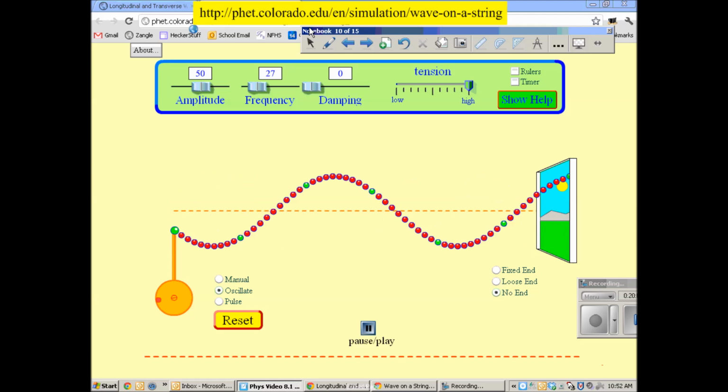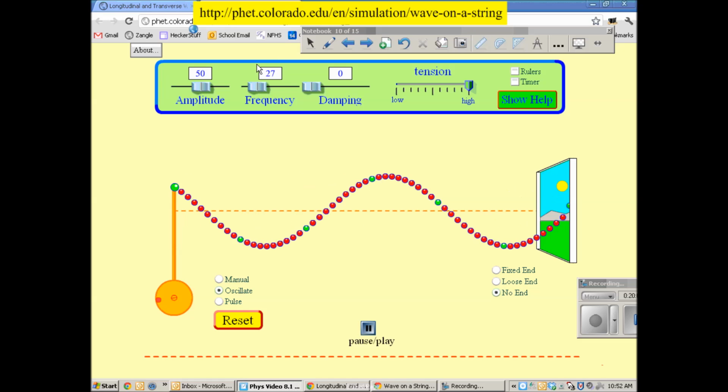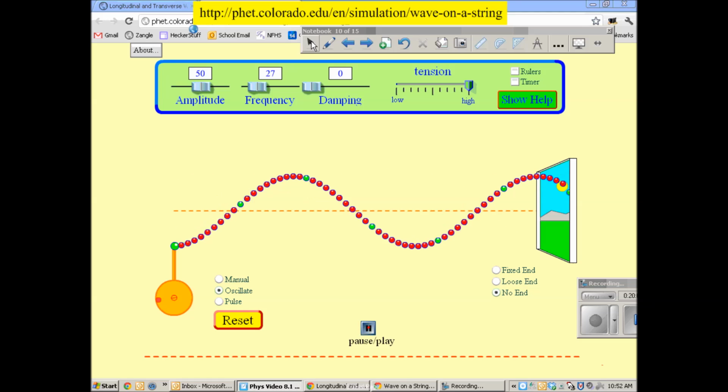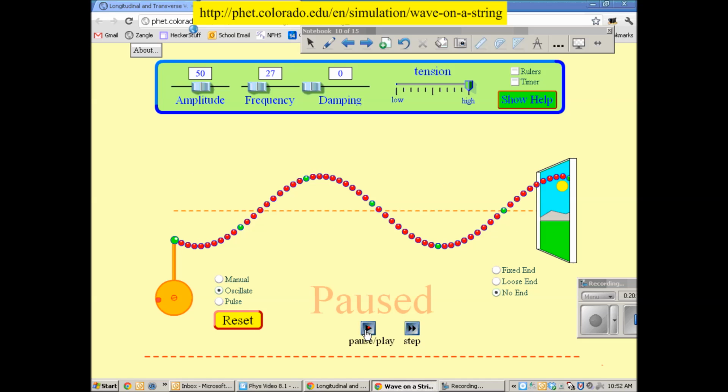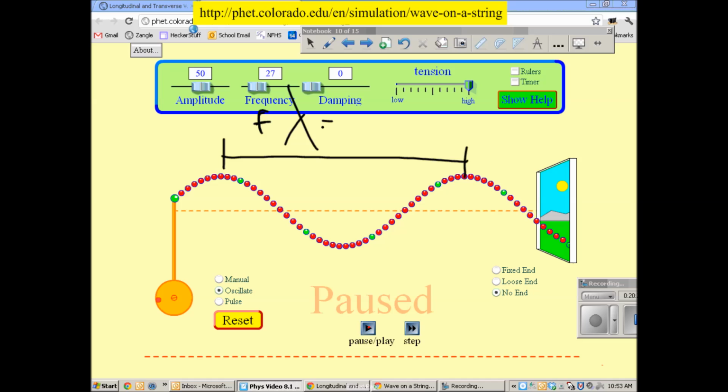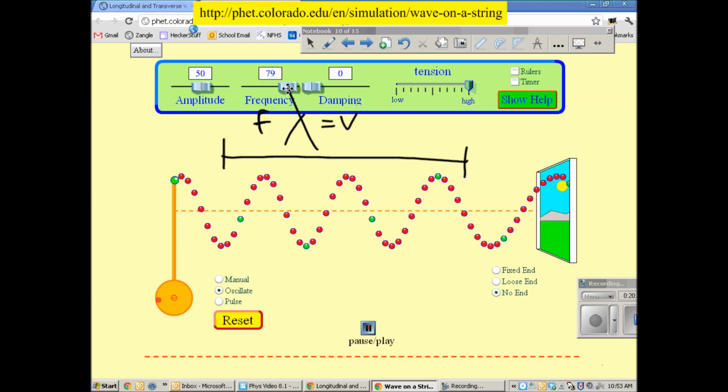Look, here we've got a pretty small frequency, and right now, if we pause this, we've got a small frequency and a big wavelength. Now I'm going to unpause it and increase the frequency, then pause it again.